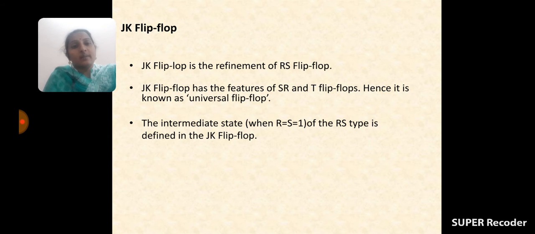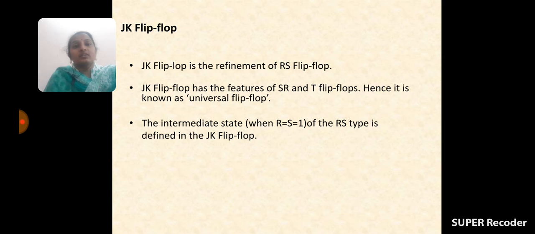In RS flip-flop, for the same inputs, whether it may be 0 0 or 1 1, the output is in hold condition. It is unable to change. So to avoid that case, we are designing the JK flip-flop.